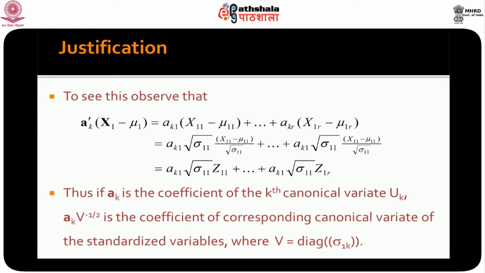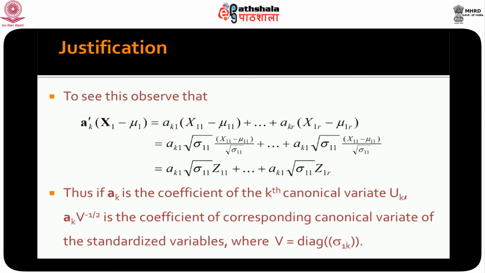So, V11 has sigma 1 1, sigma 2 2, sigma 3 3, etc. on the diagonal. If you multiply a by this, we get to the new canonical variables for the standardized variables. So, we can go from one to the other, just changing the canonical variables, but without having any effect on the canonical correlation itself.